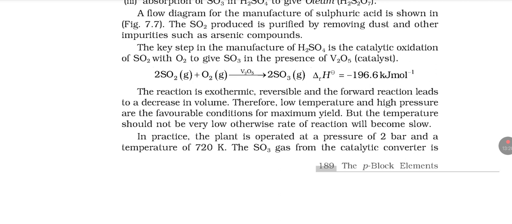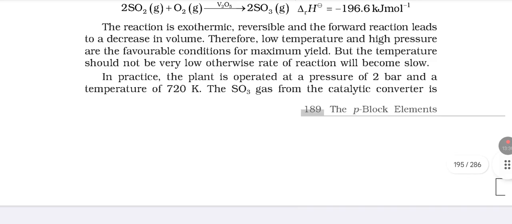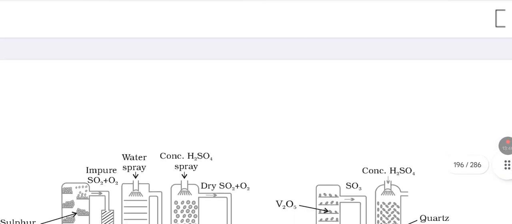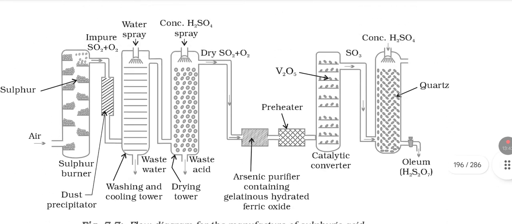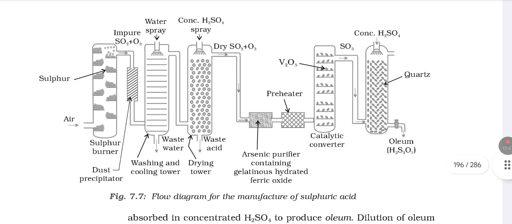The reaction is exothermic, reversible, and the forward reaction leads to a decrease in volume. Therefore, low temperature and high pressure are favorable conditions for maximum yield, but the temperature should not be very low, otherwise the rate of reaction will become slow. Flow diagram for manufacture of sulfuric acid.